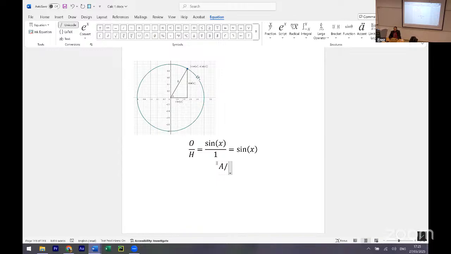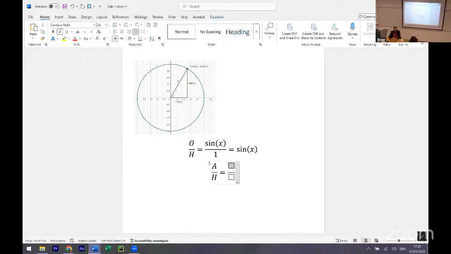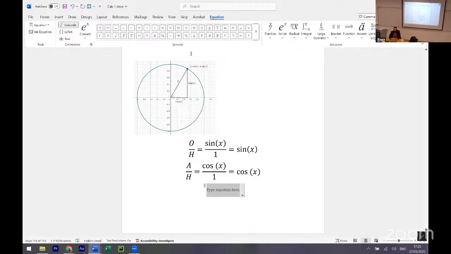What's the adjacent over the hypotenuse? Cosine of x over 1. And what is that? Cosine of x. And what is the opposite over the hypotenuse?